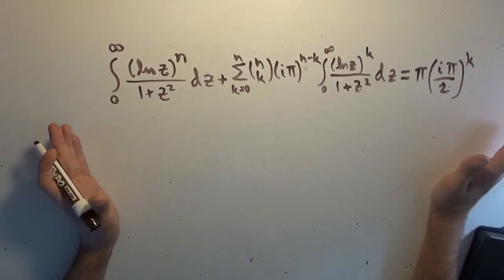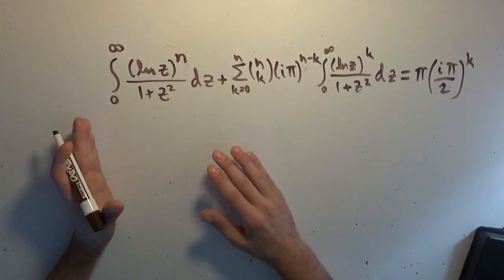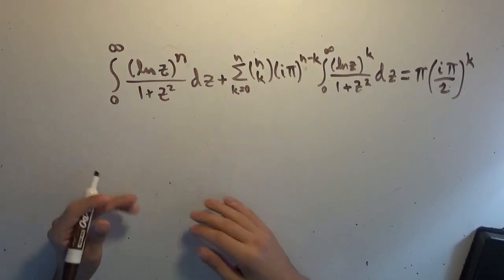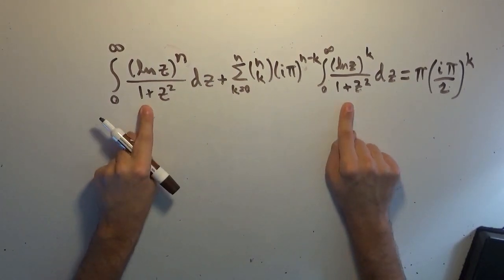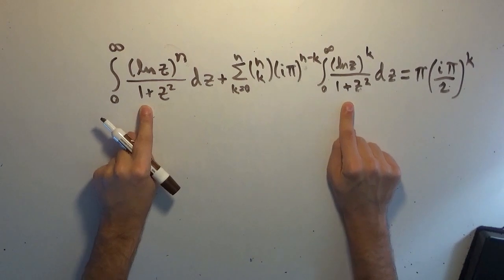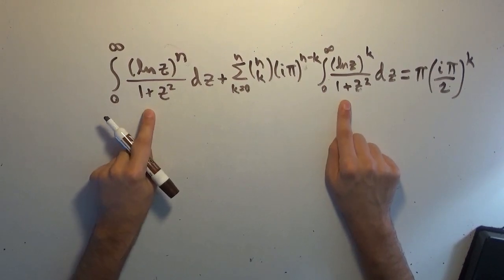And so what we're going to do now is a couple of cosmetic changes, we're going to move a couple of terms around, and we're going to finally solve for this class of integrals. So what we need to recognize first is that these are both versions of the integral that we're trying to solve for. So we can just call this capital I of n and capital I of k.